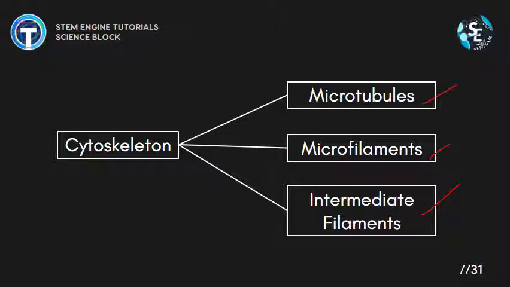The cytoskeleton can be classified into three components: the microtubules, the microfilaments, and the intermediate filaments. If you're interested in learning more about them, you can read about it on the internet, or you can search for ebooks, for example, Campbell Biology, for further references.